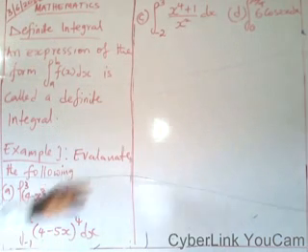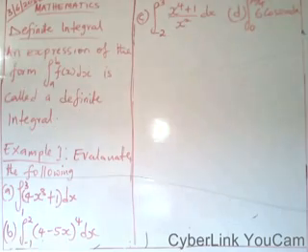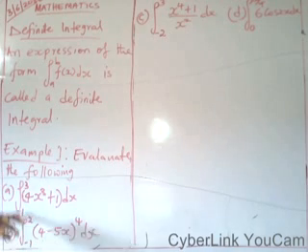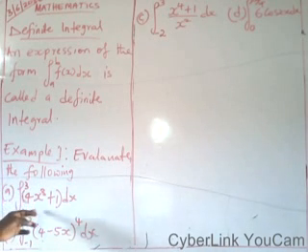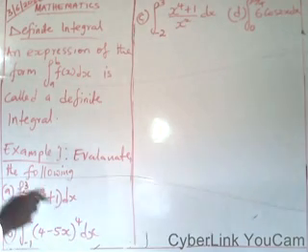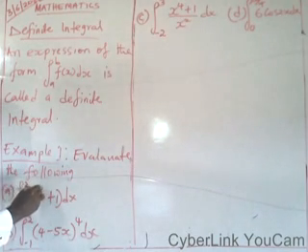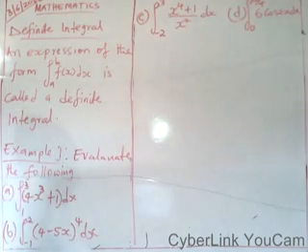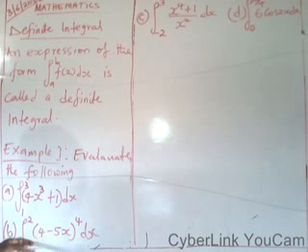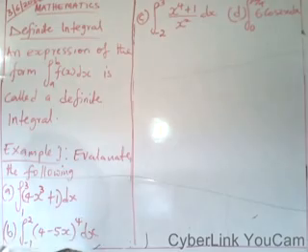Example 1. Evaluate the following. We have integral from 1 to 3, so the lower limit here is 1 and the upper limit here is 3, of 4x cubed plus 1 dx. Then the second one is integral from minus 1 to 2 of 4 minus 5x raised to power 4 dx.